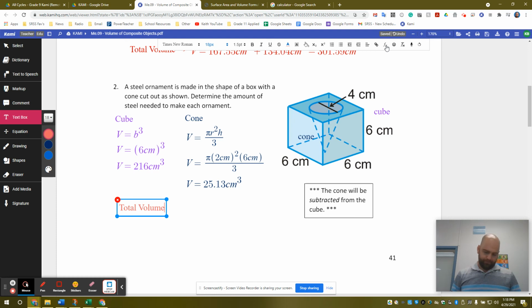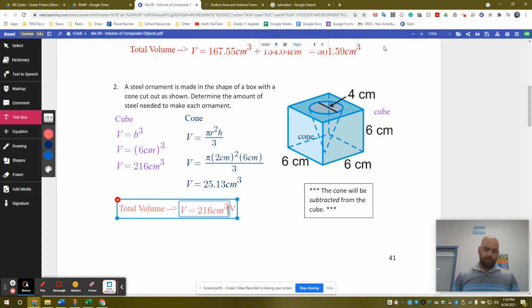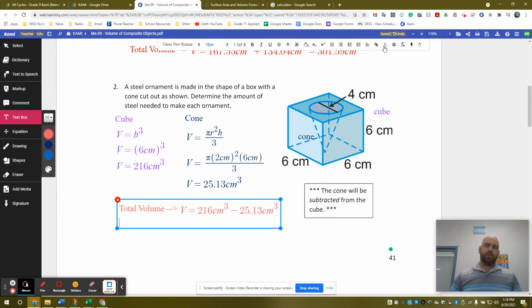Total volume. Okay, so now we got our volume is equal to our big shape, 216 centimeters cubed, minus our small one, 25.13 centimeters cubed.